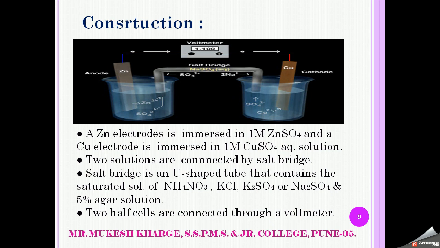Because in electrolysis, if an electrode is connected to the negative terminal, then that is called the negative electrode, and the electrode connected to the positive terminal is called the positive electrode. But this is not correct in a galvanic cell. Anode is negative, cathode is positive. Why? We'll see later on.